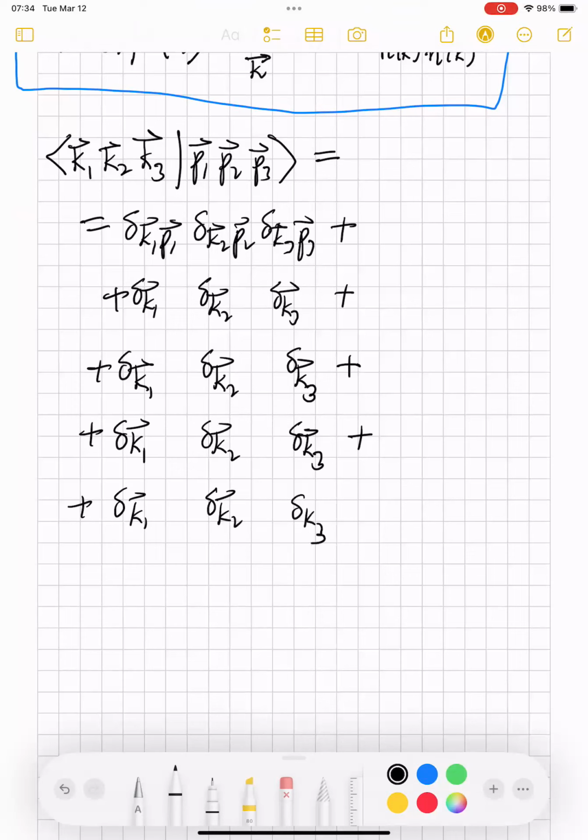Let's see, 1, 2, 3, 4, 5. We need one more. Okay, so for the first one, let's swap 1 and 2. These should be p's. p3 stays the same. For the next one, let's swap 2 and 3.